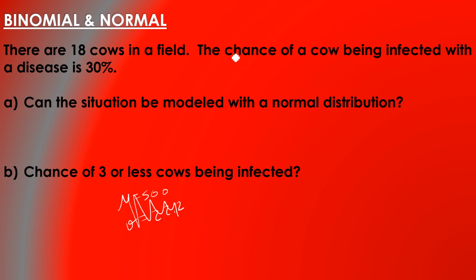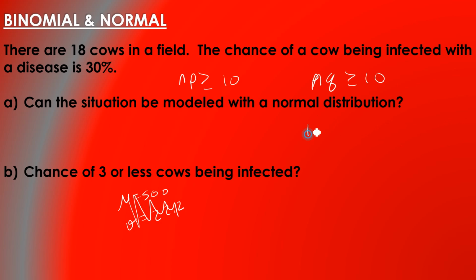Okay, one more slide, the cow situation. There are 18 cows in the field. The chance of a cow being infected with some sort of disease is 30%. Can the situation be modeled with a normal distribution? So our NP has to be greater than or equal to 10, and our NQ has to be greater than or equal to 10.